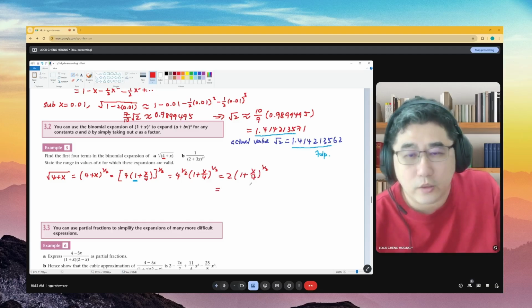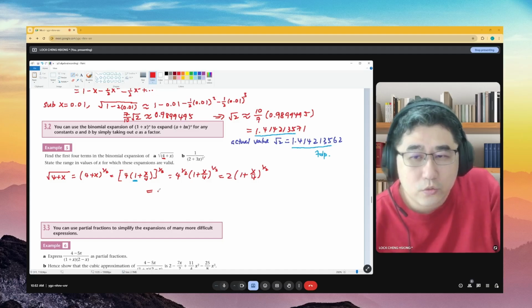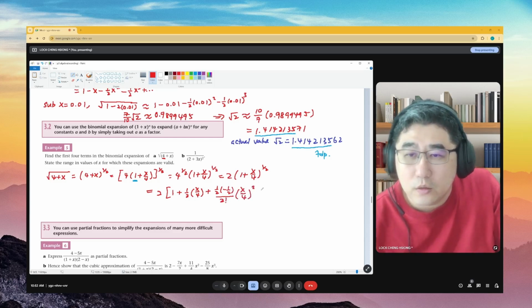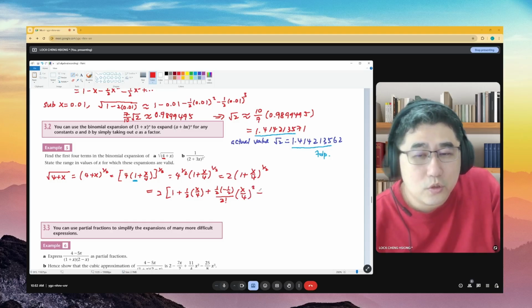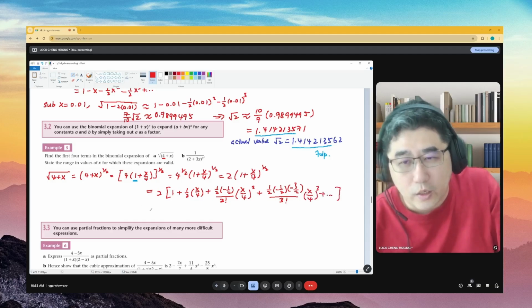Then you can actually do your expansion. 2 times 1 plus 1 over 2 times x over 4, plus 1 over 2 times negative 1 over 2 over 2 factorial times x over 4 squared, first 4 terms. So plus 1 over 2 times negative 1 over 2 times negative 3 over 2 over 3 factorial times x over 4 cubed, dot dot dot. And of course, you simplify.